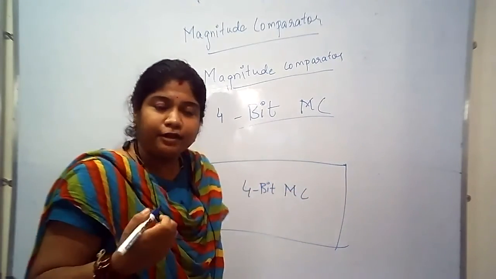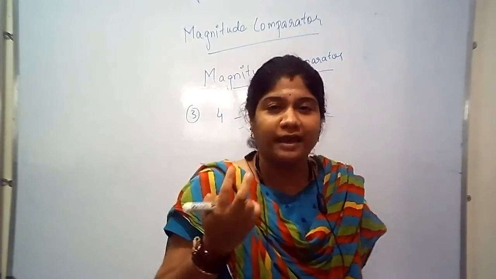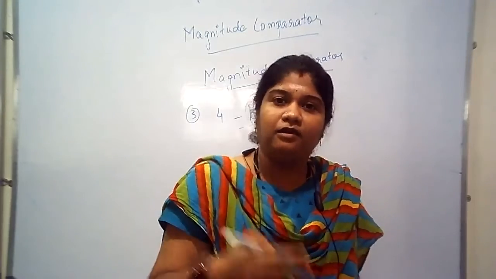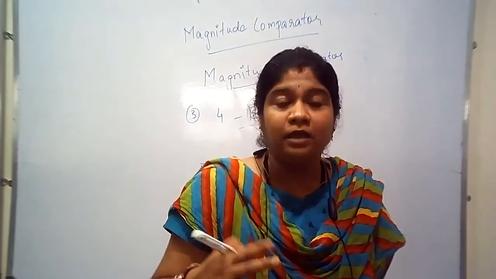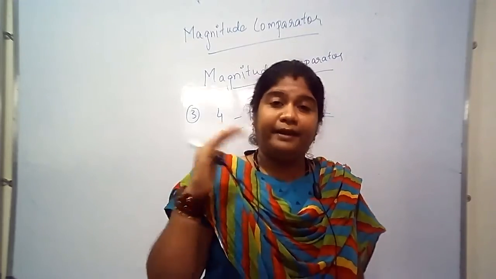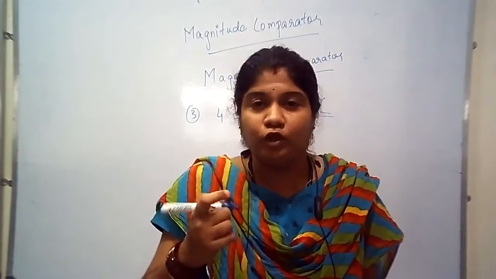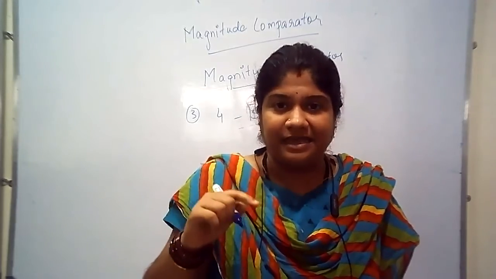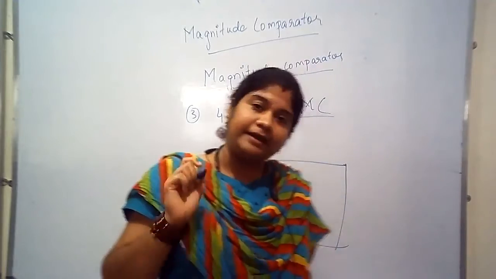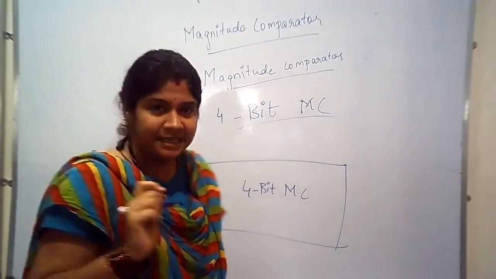As we studied, in the 2-bit magnitude comparator we have 2 bits of A and 2 bits of B. Similarly, here I'll have 4 bits of A and 4 bits of B. For A, I need to take A0, A1, A2, and A3.